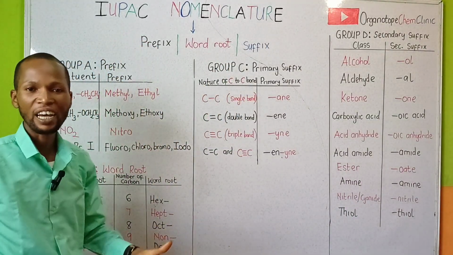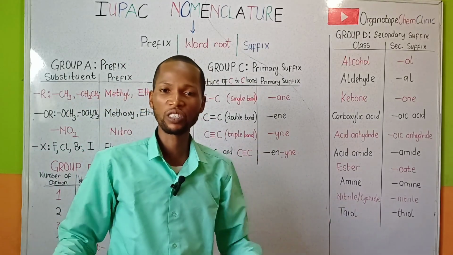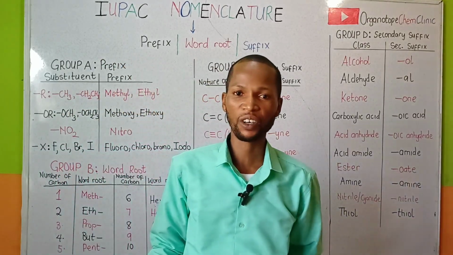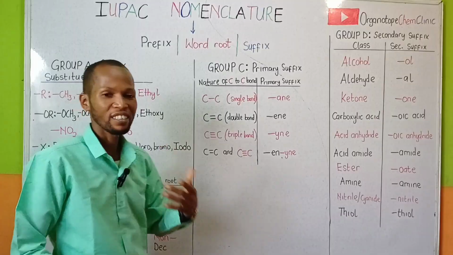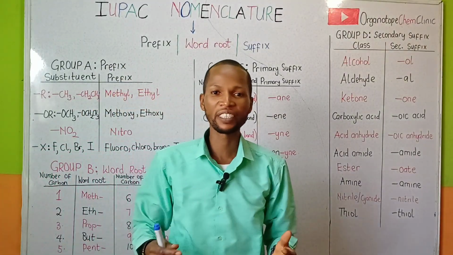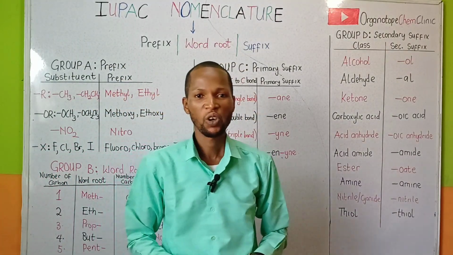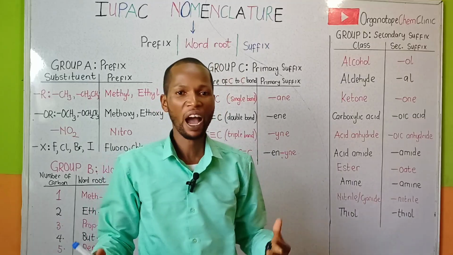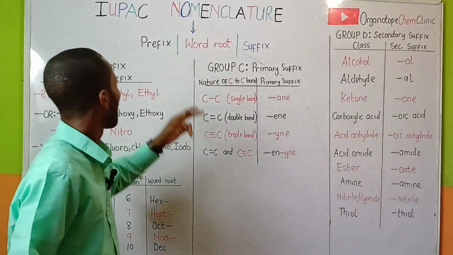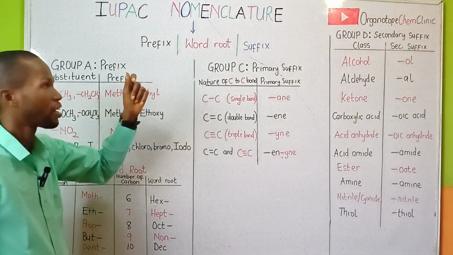IUPAC is the standard chemists all over the world use to identify organic compounds. IUPAC is the systematic approach for naming organic compounds. What does the acronym IUPAC mean?